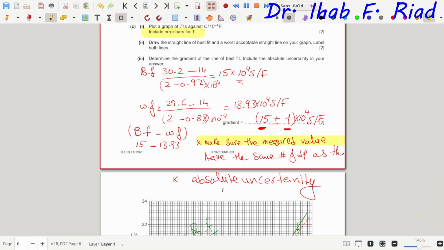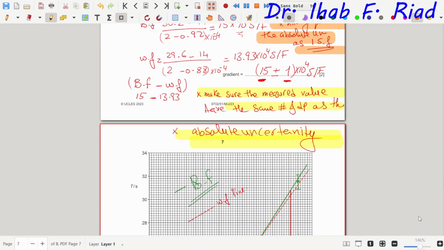Okay. Note, always quote the absolute uncertainty as one significant figure. Okay. So now we are done. We got 15 plus or minus 1, times 10 to the 4.